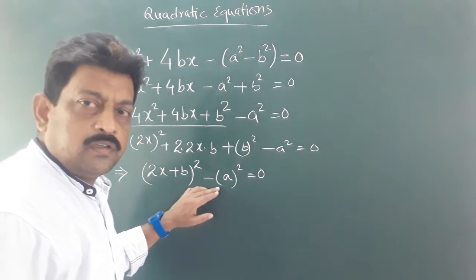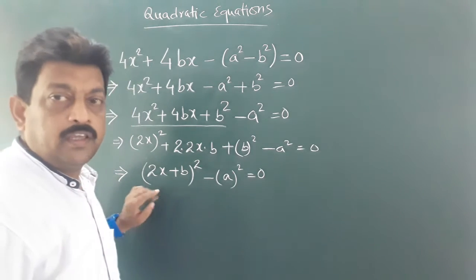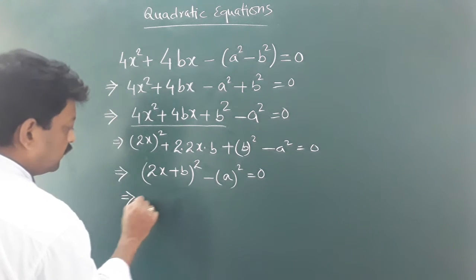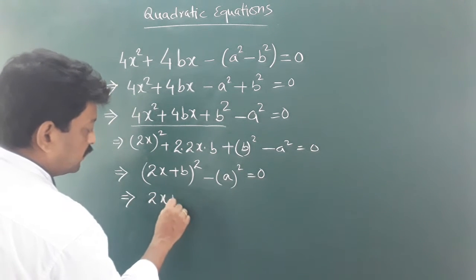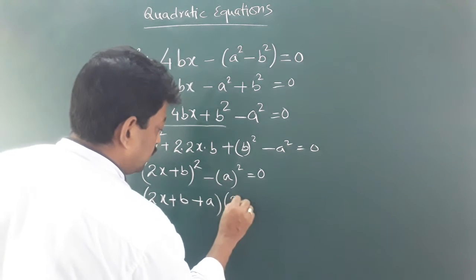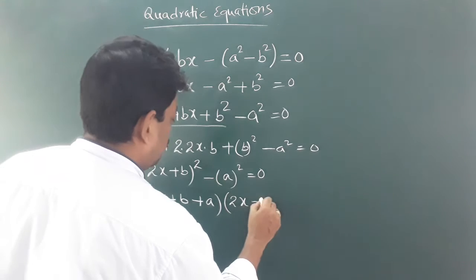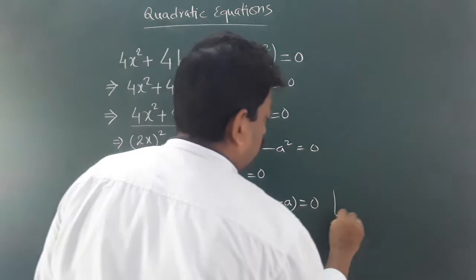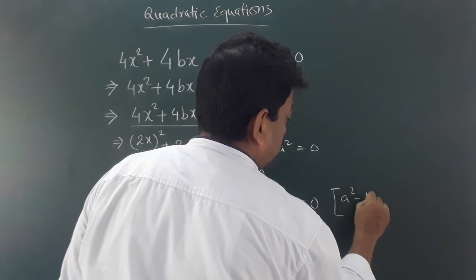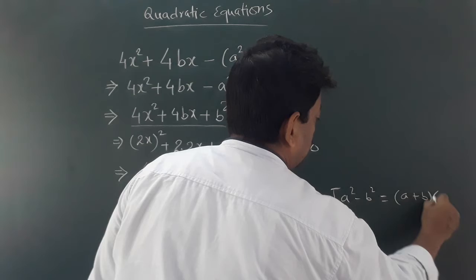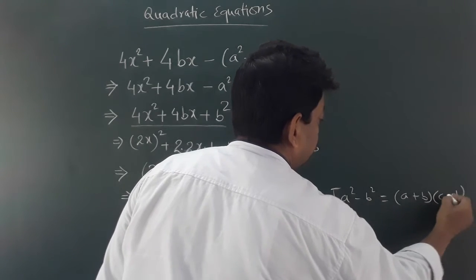Now see this. It is in the form of a square minus b square, so we can write 2x plus b plus a, and 2x plus b minus a, equals to 0. What we have used is the identity a square minus b square equals a plus b multiplied with a minus b.